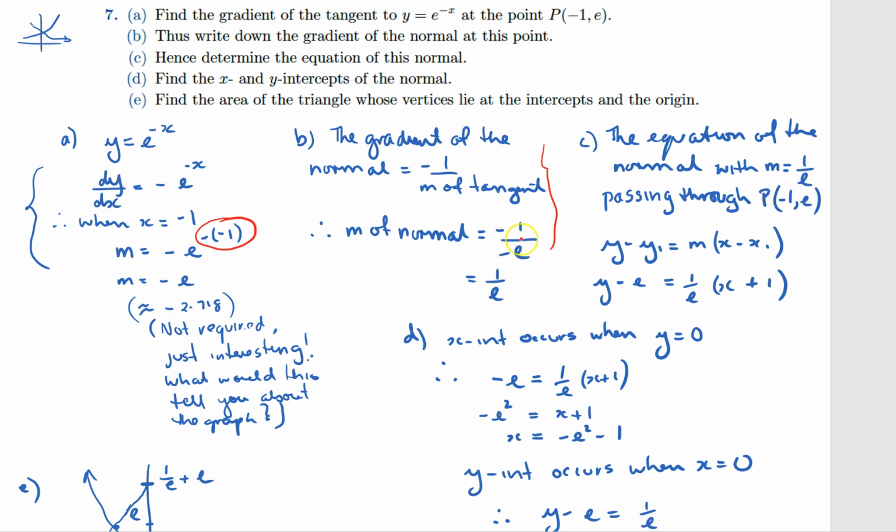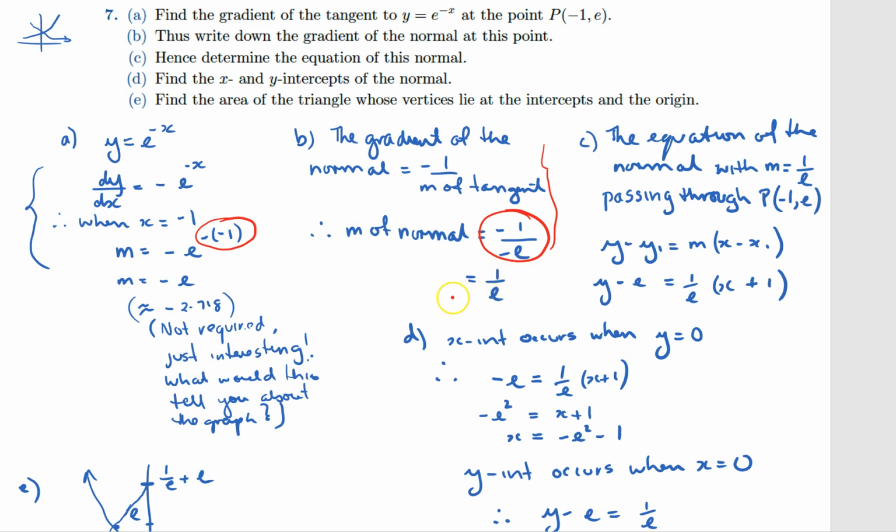And again, show that, put that in. It's easy for you to get it correct thereafter. Students who don't actually show this will often mess up minus 1 over the gradient.